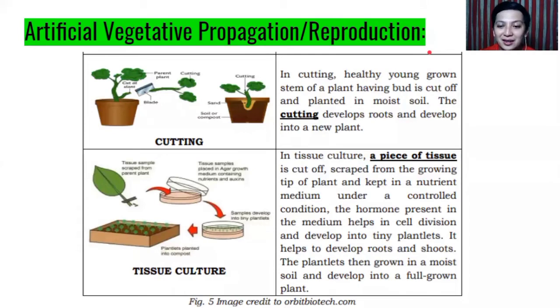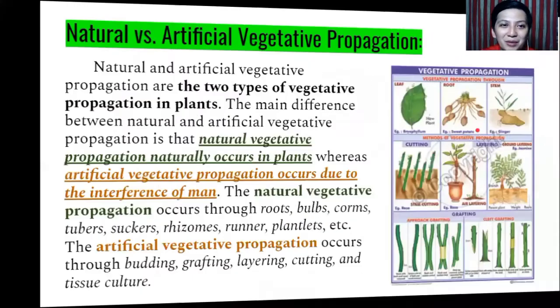The plantlets are then grown in moist soil and develop into full-grown plants. So kinukuha nila yung tissue part na yun, then nilalagay nila sa isang petri dish. Then doon nila pinapadami or nire-reproduce, pinopropagate, so that the plant will become a new plant and then pwede na nila itong itanim later on.